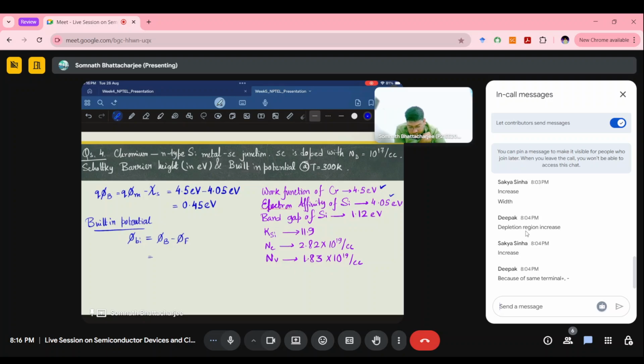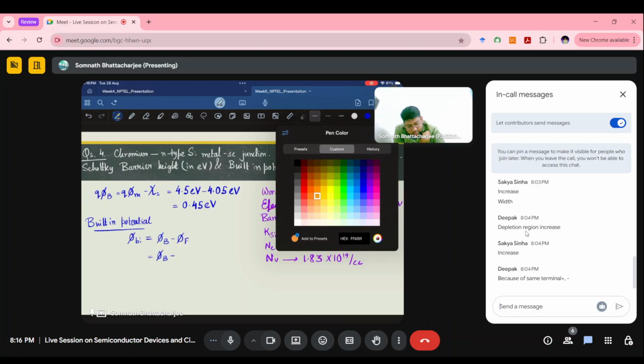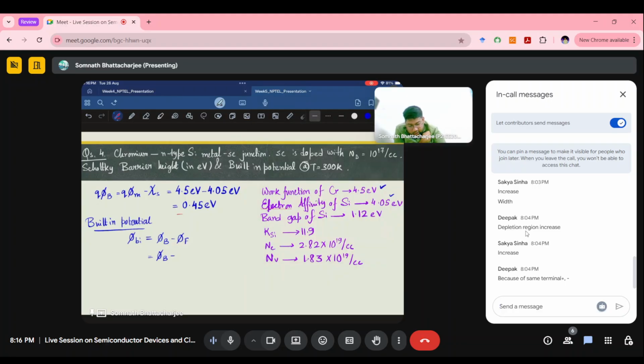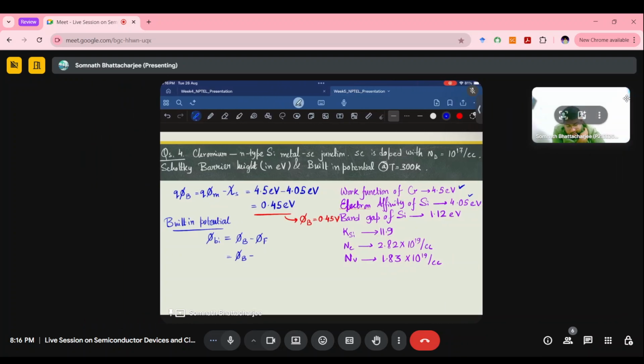So here we have the value of q psi b. So obviously from this we can write psi b is 0.45 volts. Just the e portion gets eliminated. So the psi f value we can calculate obviously.